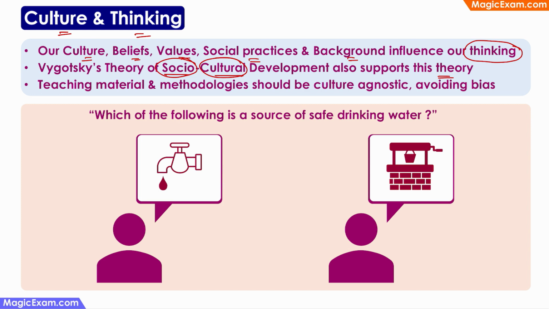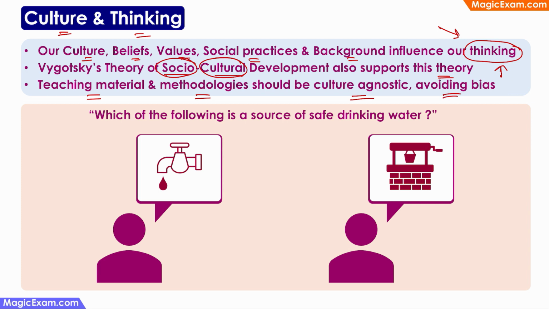So they will influence thinking as well. And this fact that culture can influence thinking has to be kept in mind and kept into consideration while designing teaching material and deciding on the methodologies that we'll use in the classroom. Because the teaching material and the methodologies should be culture agnostic. That is, they should avoid any kind of bias.